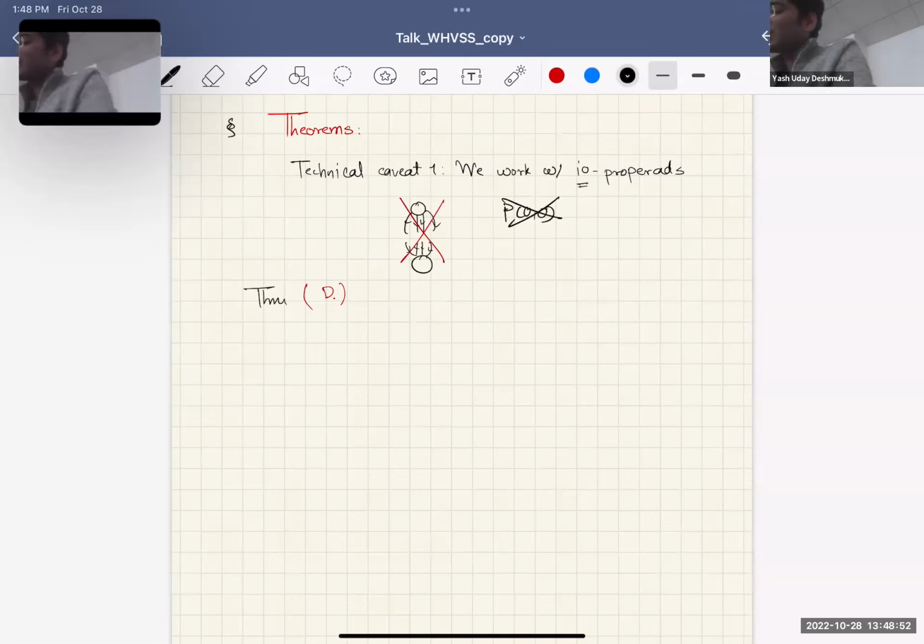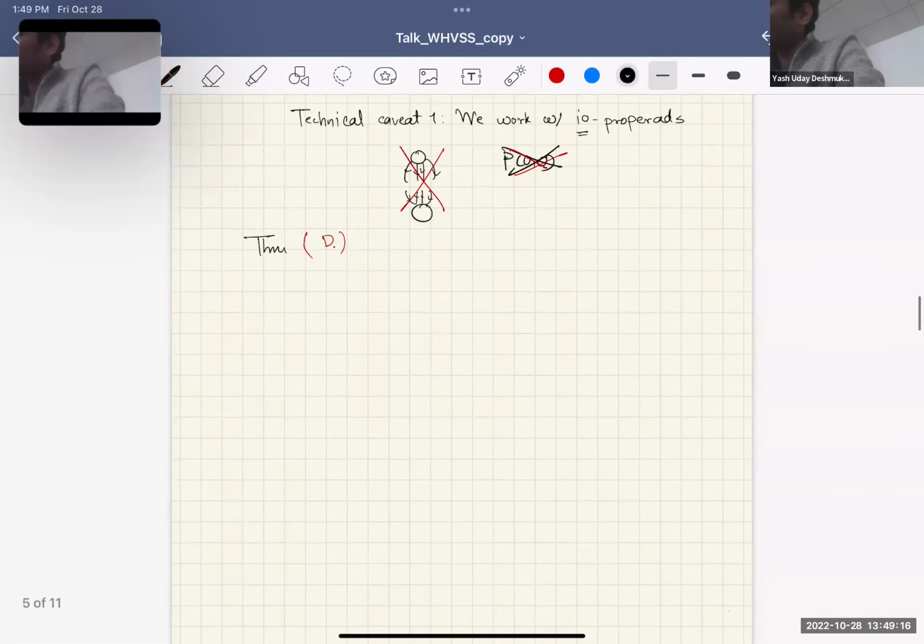So in particular, your IO property might contain some operations which compose to an operation with 0 inputs and 0 outputs. But since we don't have the data of 0, 0 operations, such compositions are also not included as part of the IO property. So okay, this is some technical condition that's needed for the proof. I wouldn't concentrate too much upon it.